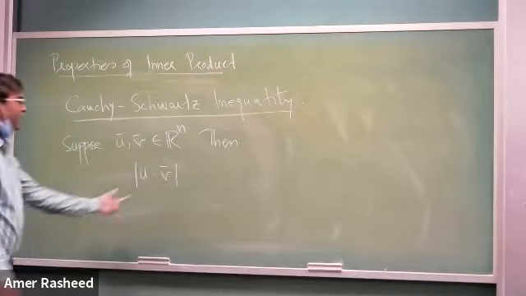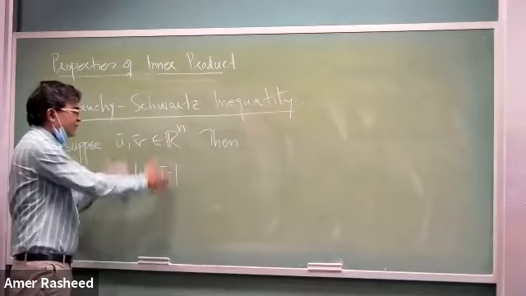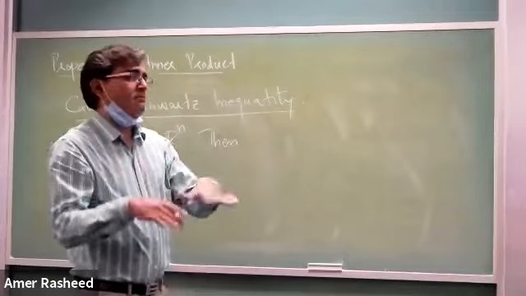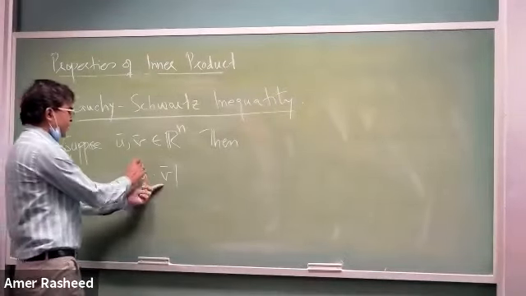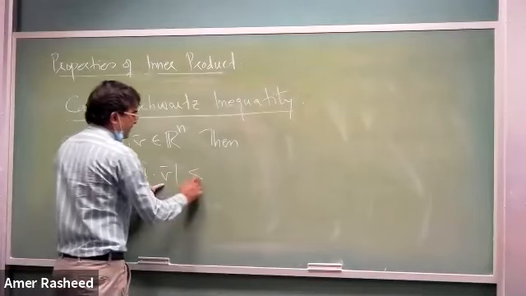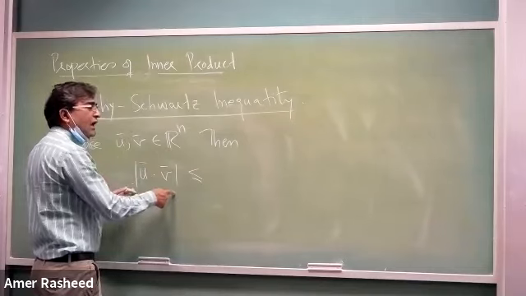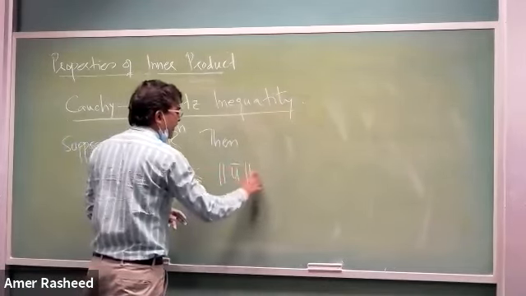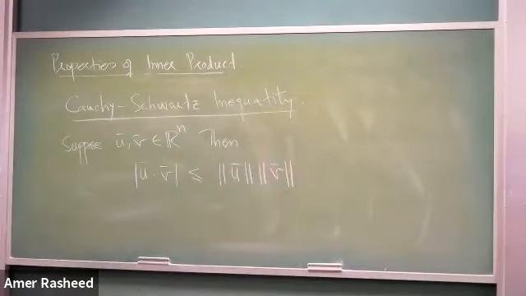Because when you have a scalar, some real number, then its mod is the absolute value: if the real number is negative, it becomes positive. This dot product of two vectors, in absolute value, is always less than or equal to the product of their norms. This is what the Cauchy-Schwarz inequality tells us.